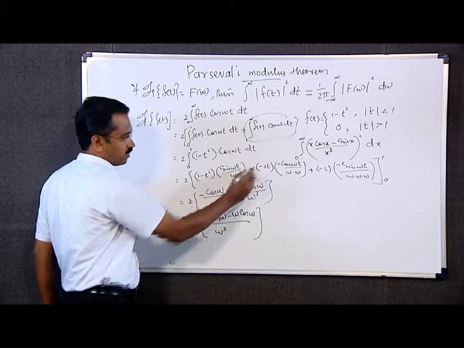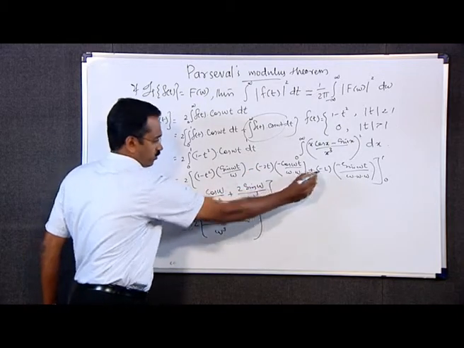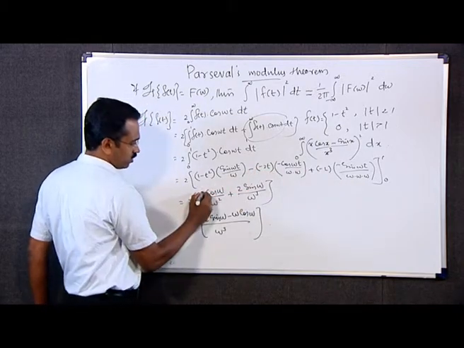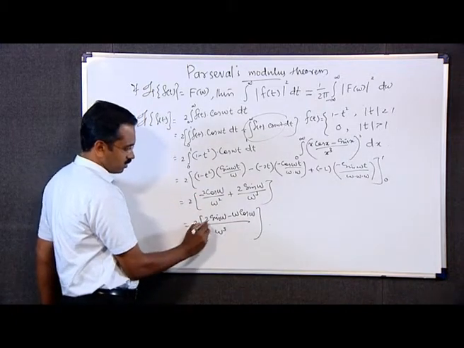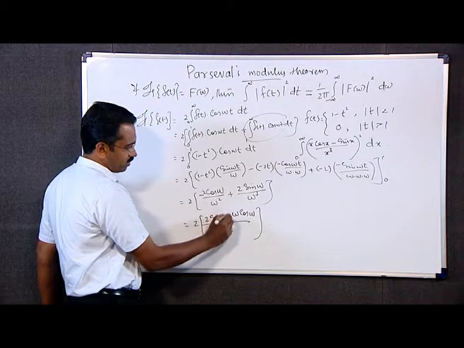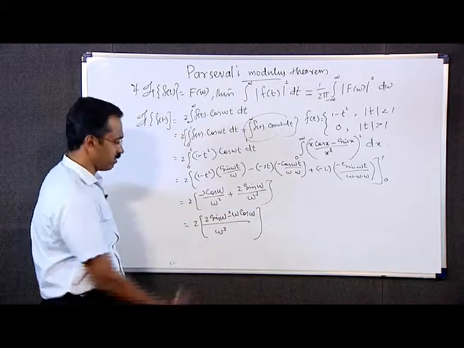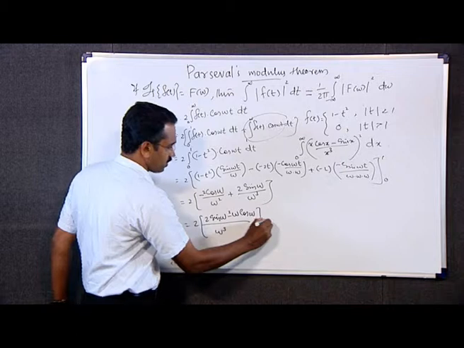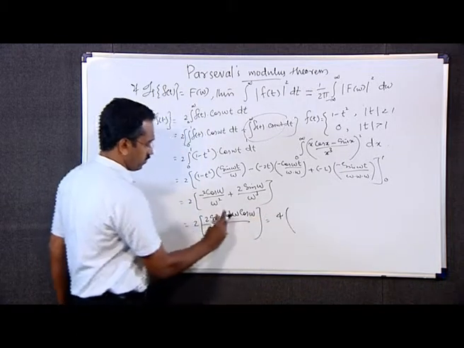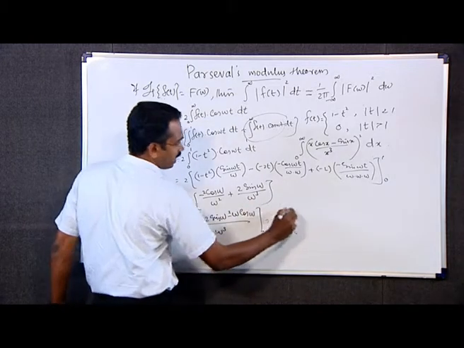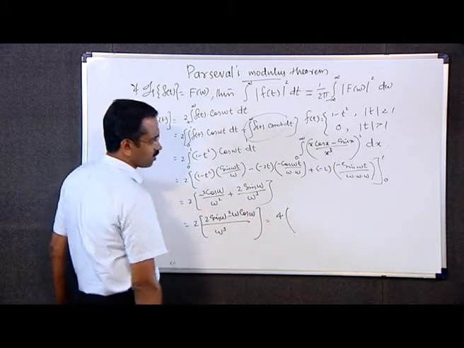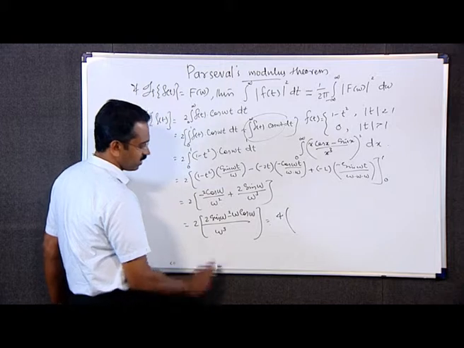Here there is minus 2, therefore we can write from here this is 2. Therefore we can write this as 2 sin ω minus 2ω cos ω divided by ω cube, that is 4 into, if we take this 2 outside, we can write 4 into sin ω minus ω cos ω divided by ω cube.